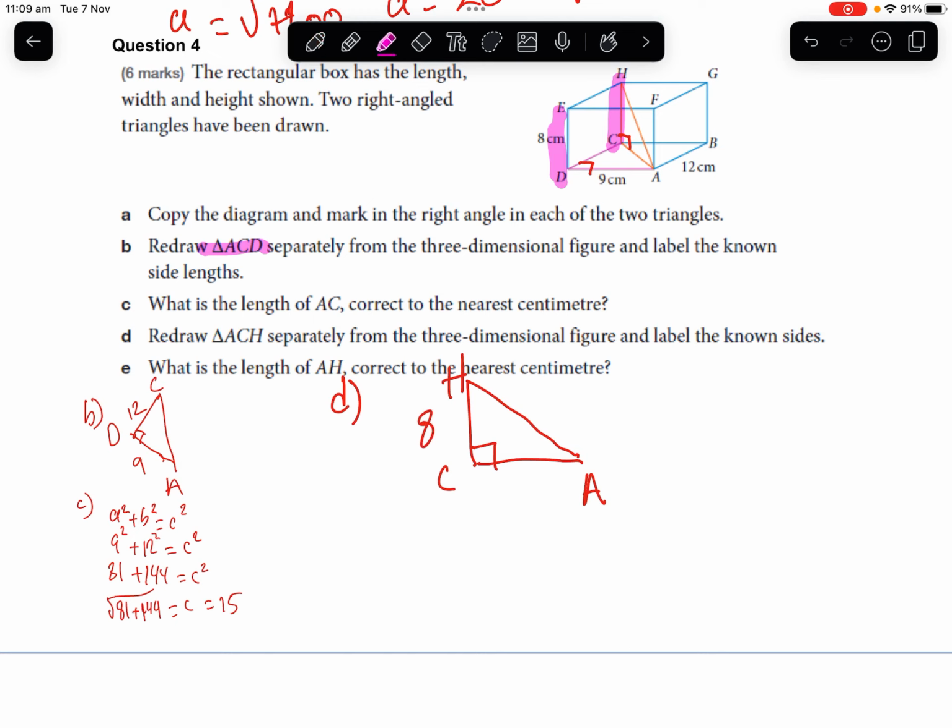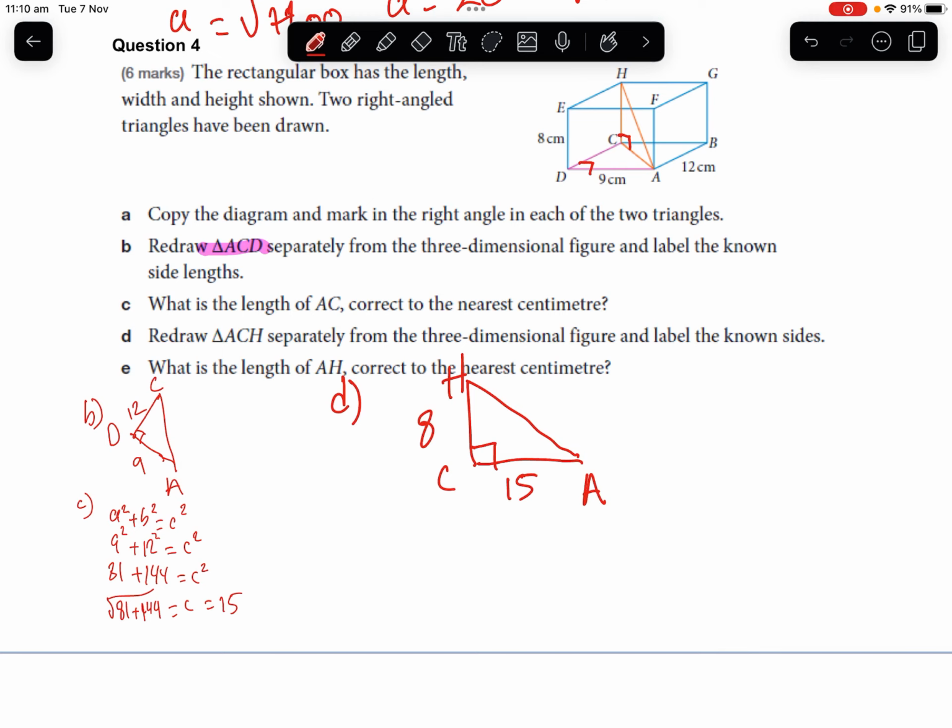Now we just figured out what CA is, and that is 15, so we can label what CA is here with 15.